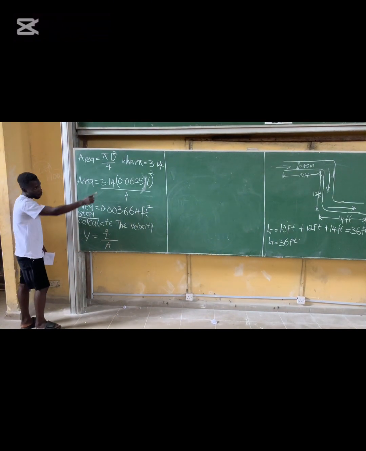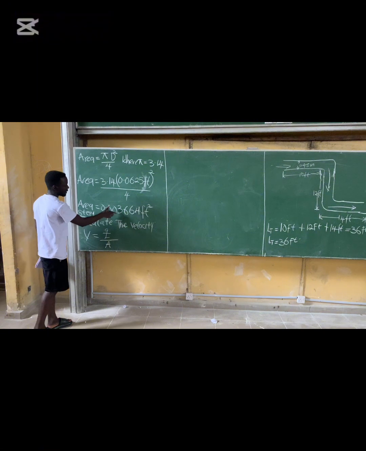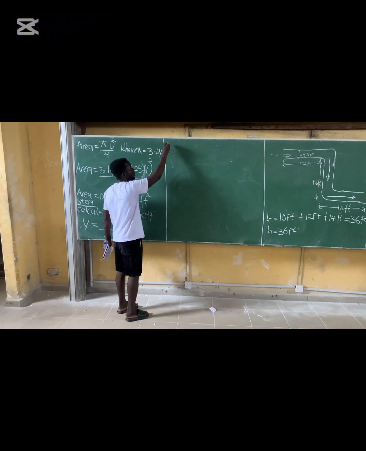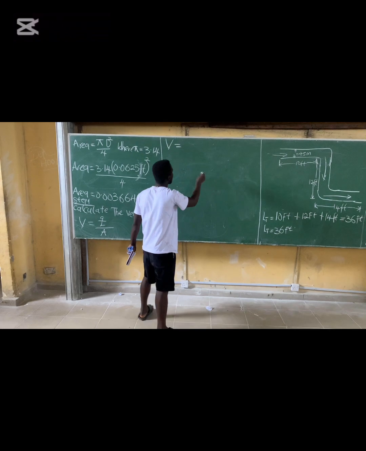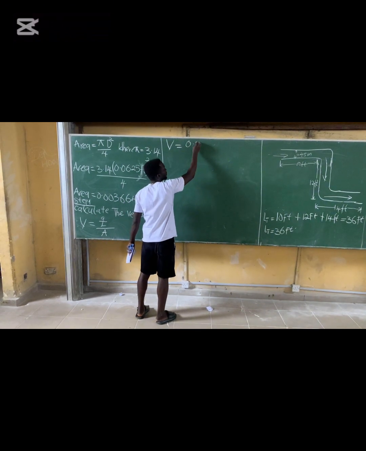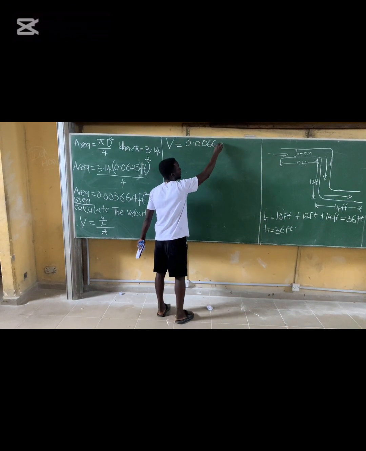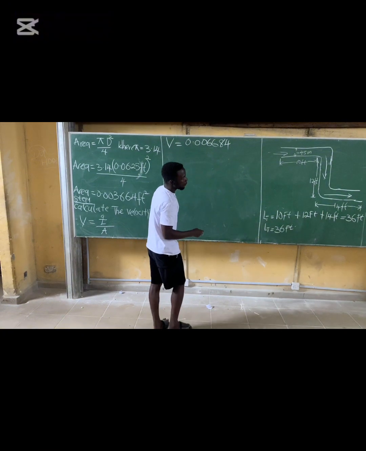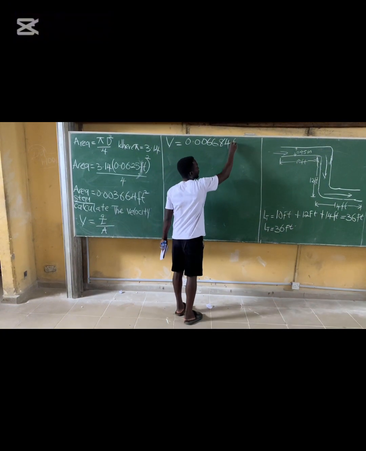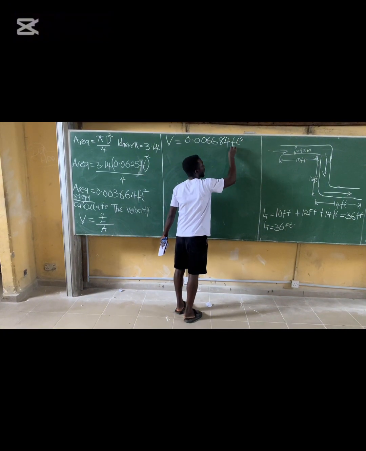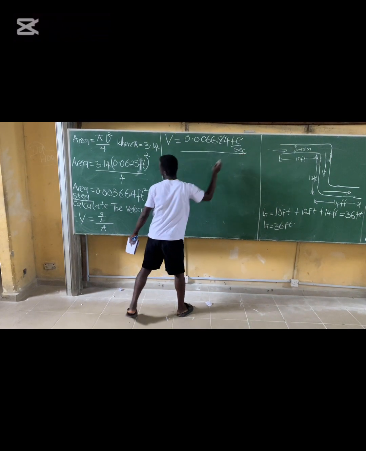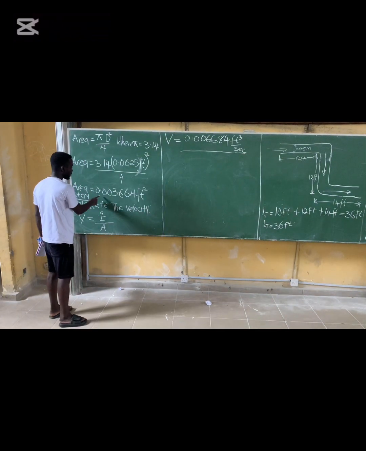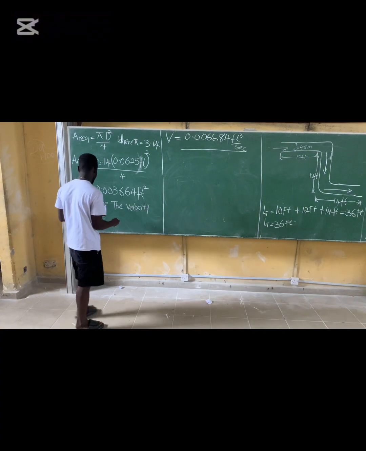Now we have our flow rate, yes, we have our area, yes, so therefore let's substitute values. Our velocity will be equal to flow rate, which is 0.006684 cubic feet per second divided by area. Our area is 0.003664.